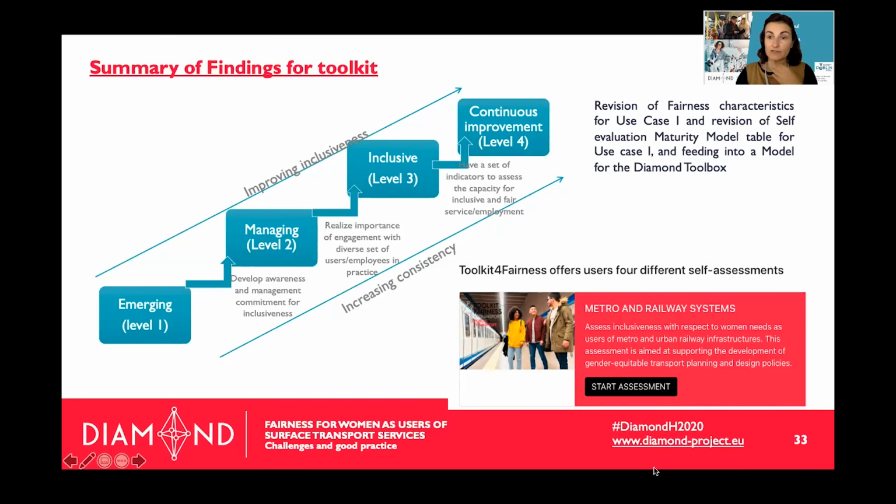What we did was consider all those themes and aggregate the relevant ones to distill a self-assessment checklist that companies can approach on the web, using a toolkit for fairness assessment that we developed to establish a benchmark of their level of fairness and inclusivity. And we based this on, let's say, a fairness maturity model that ranges across four levels, from emerging into managing, inclusive, and a stage of continuous improvement, which means an excellent situation.